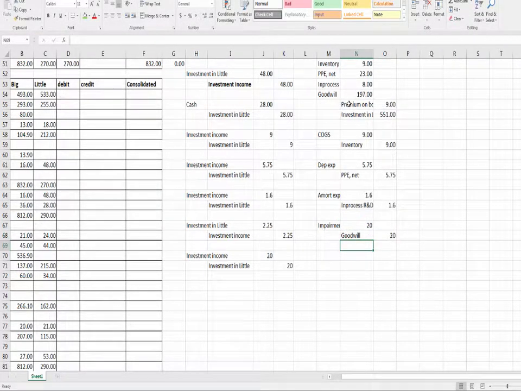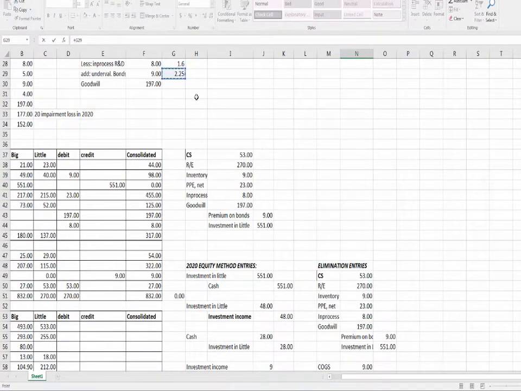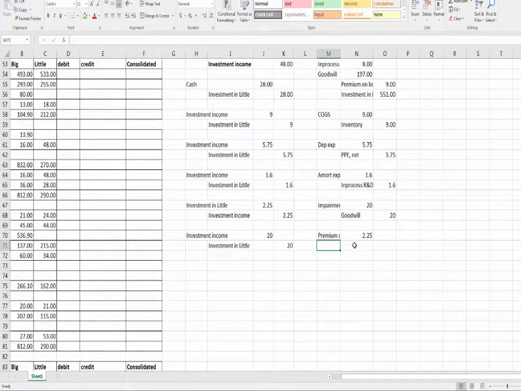And then finally, we're going to amortize some of that premium on bonds. And when you amortize a bond premium, you debit the premium on bonds. And again, we determined that was going to be 2.25. And that adjusts our interest expense downward.